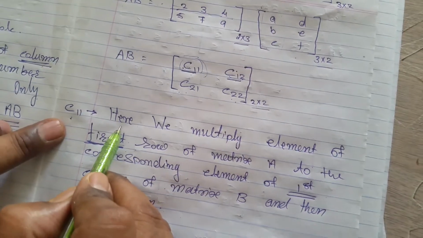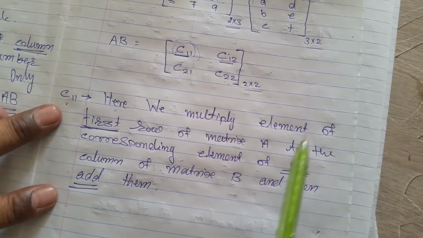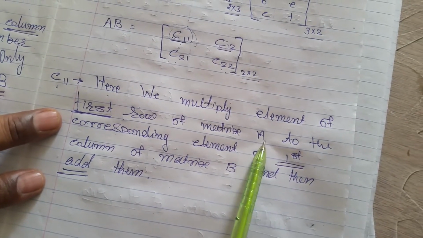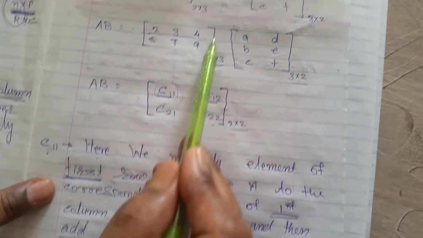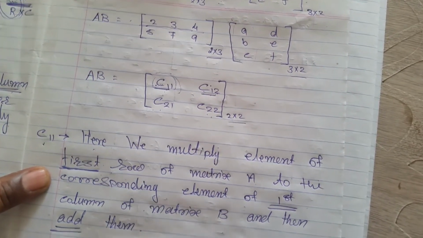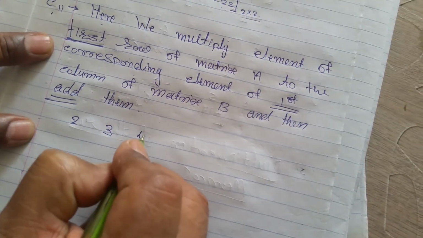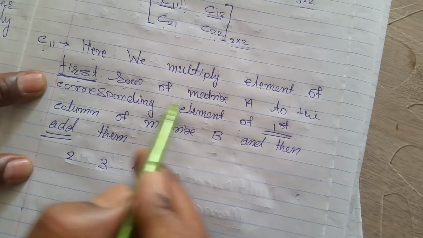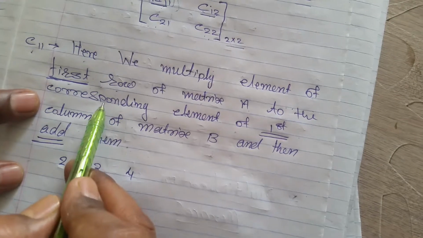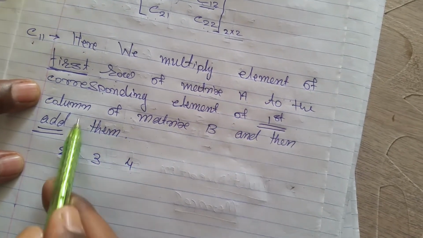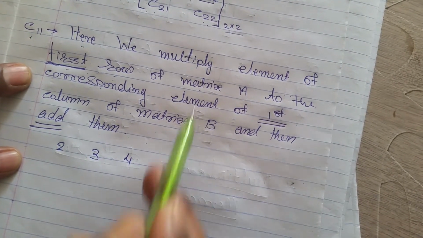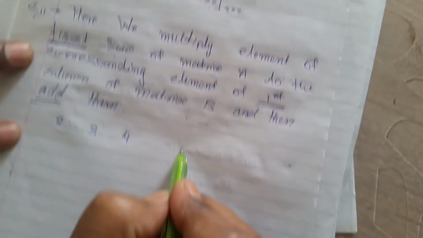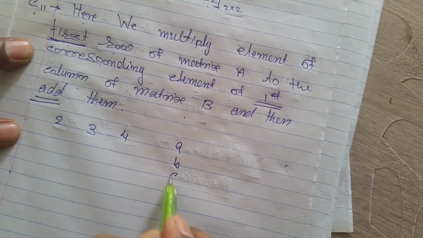Here we multiply the elements of the first row of matrix A. What is the first row of matrix A? Say 2, 3, 4. We multiply the first row of matrix A to the corresponding elements of the first column of matrix B. What is the first column of matrix B? Say A, B, C. I just write in that form only.